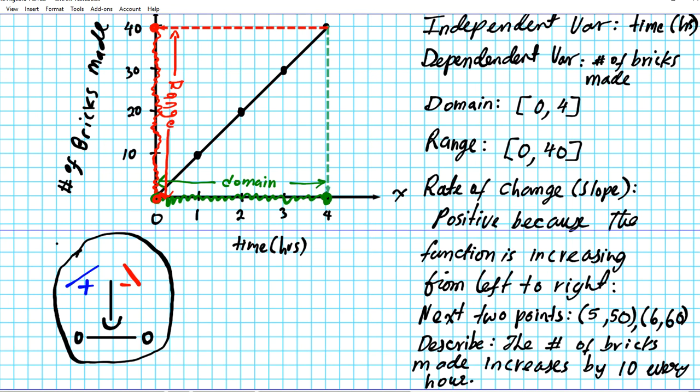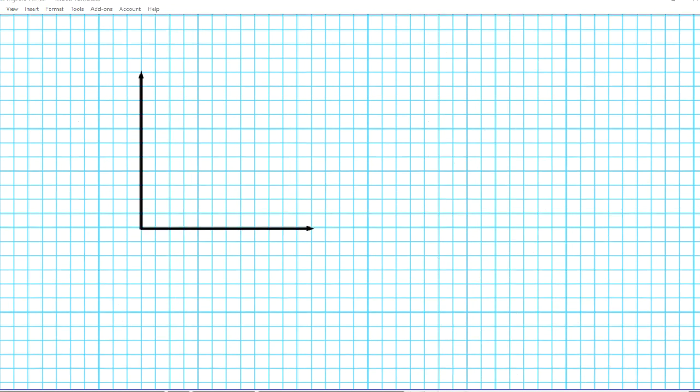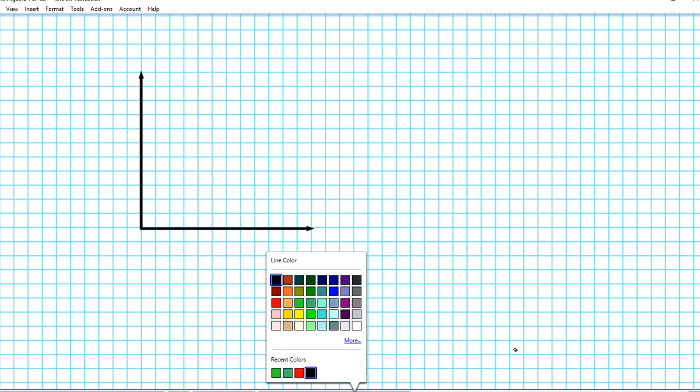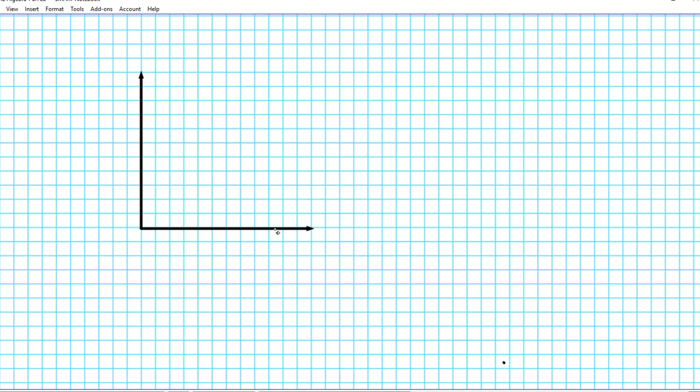All right, now let's take a look at another example. For this one, we're going to be considering the relationship between time in months and the number of houses present in a community.